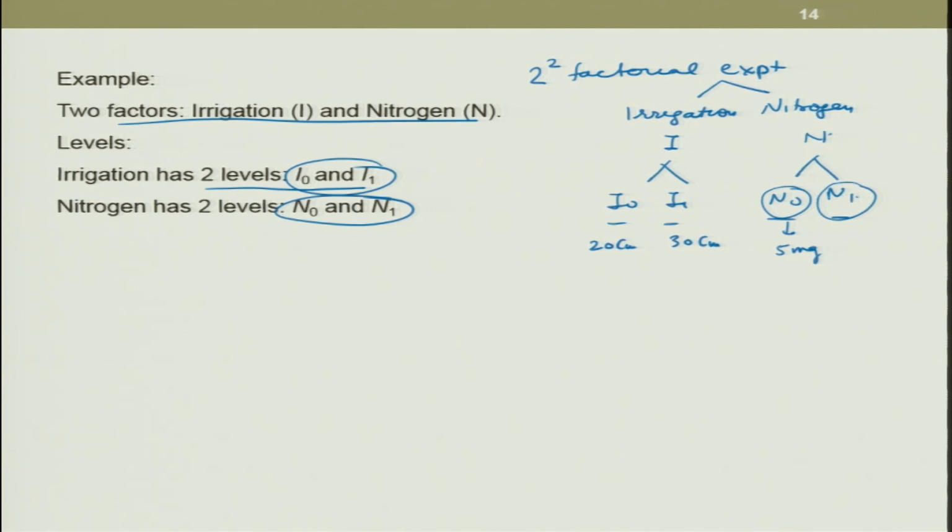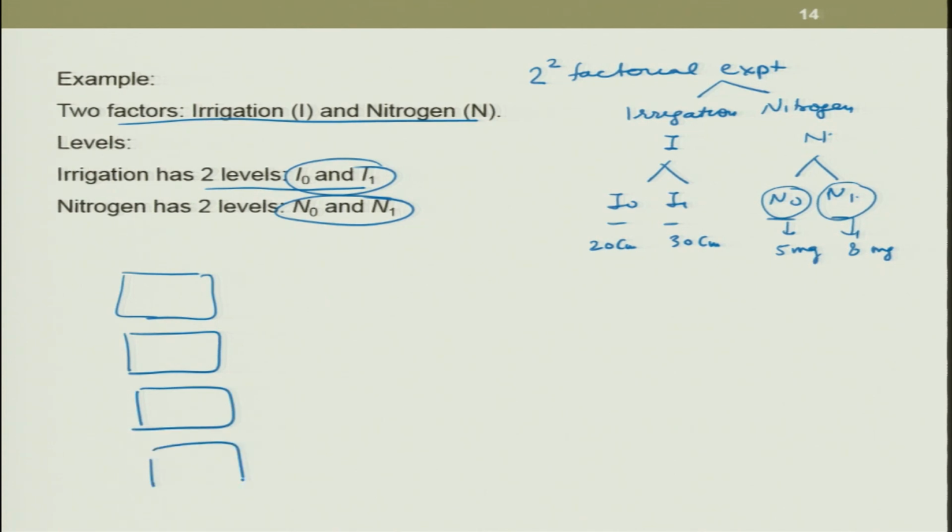Now, in case you try to see here how you will conduct the experiment, one option is this. If I say here N1 is suppose 8 mg, so I can take here 4 plots, 1, 2, 3, 4, and in this plot I will try to give here the treatment combination I0 N0.